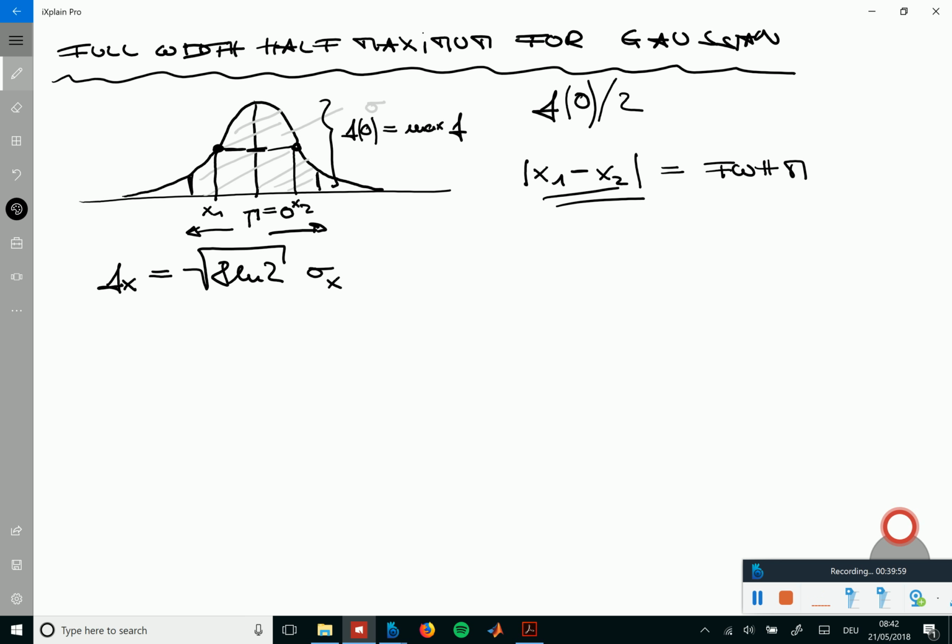Which means the full width half maximum of a Gaussian is just a scalar multiple of the standard deviation of the Gaussian, which makes a lot of sense because the variance describes fully how wide a Gaussian is, and so does the standard deviation. And the full width half maximum now doesn't add any other information in terms of the width. It just expresses it using a scalar multiple.